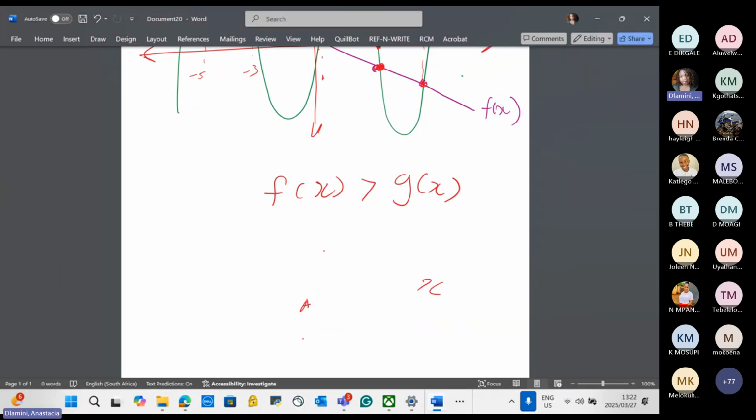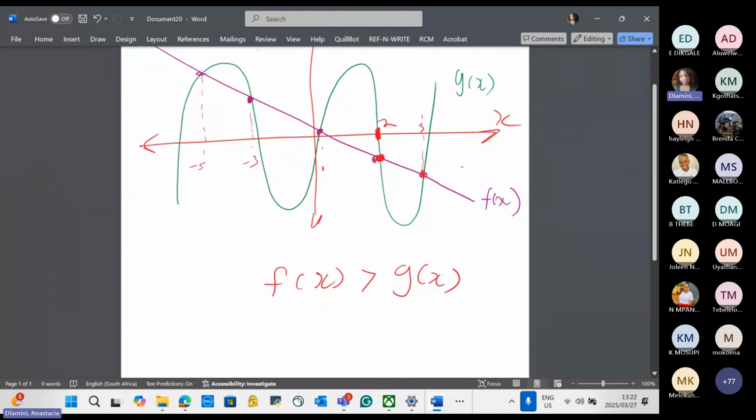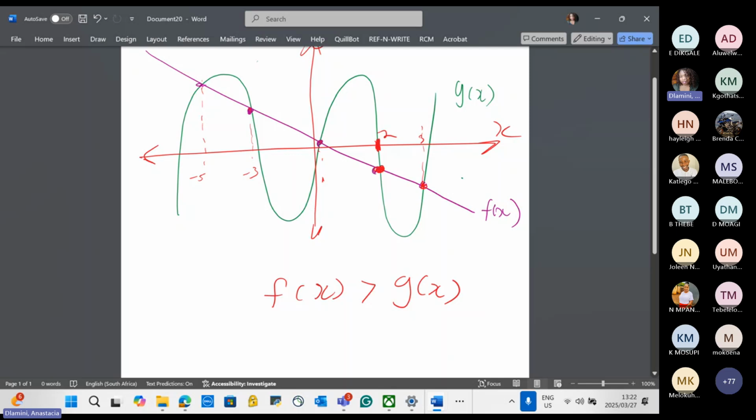Now, if they say find the values of x for which g of x is less than f of x, you go and check where is my graph f of x on top of g of x for the same value of x. Am I making sense?